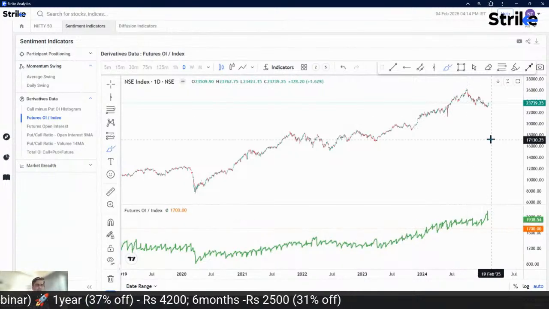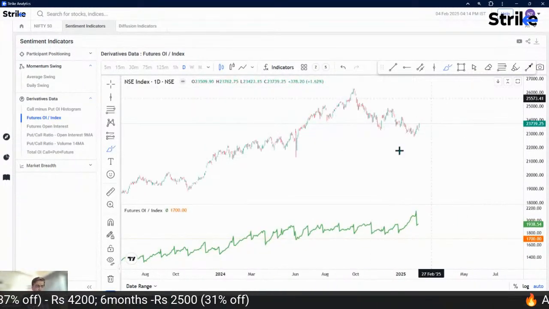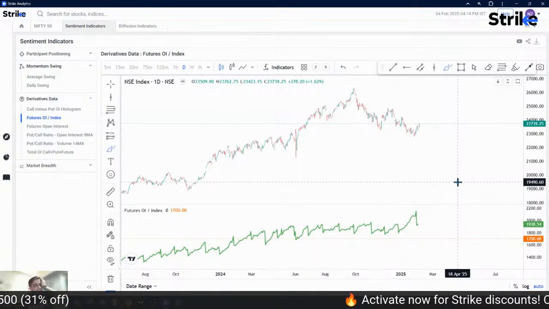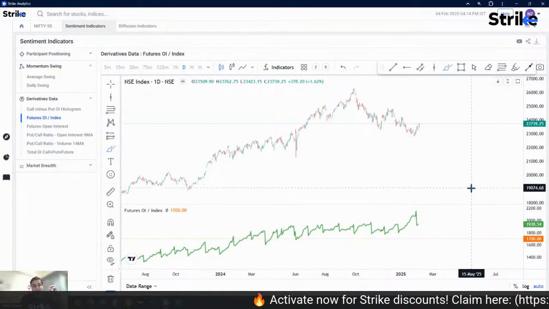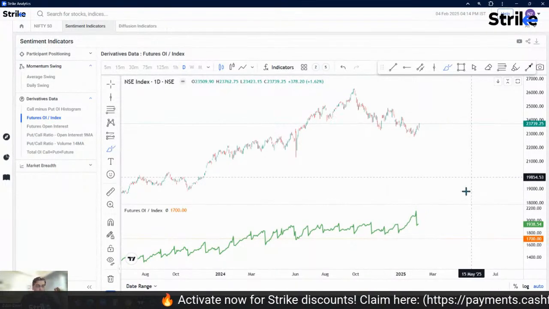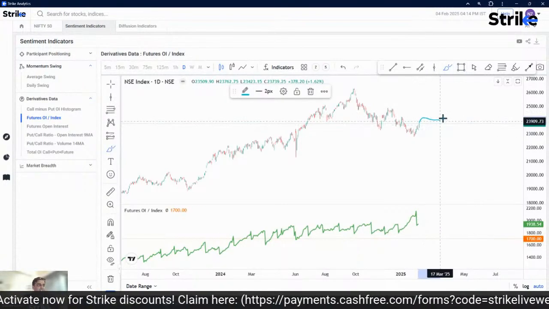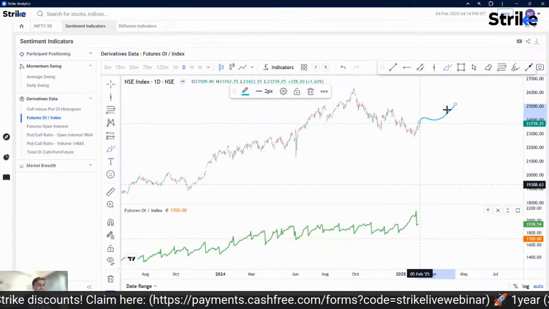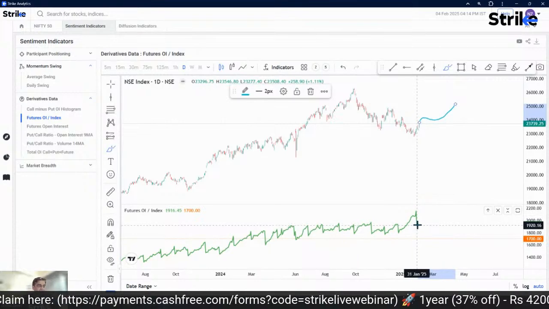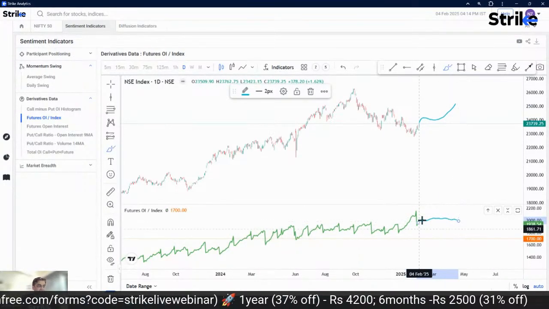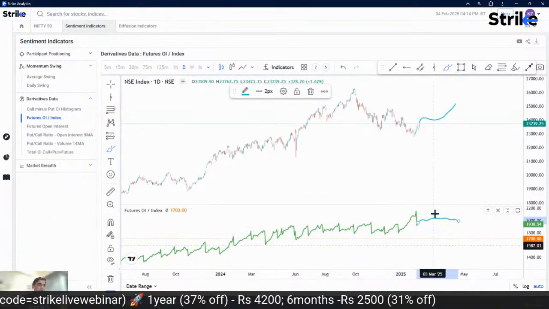That does not mean we don't buy over here, because the rest of the indicators are pointing that yes, we are towards a short term bottom. So the market can continue to go upwards, and this figure can continue to go sideways or upwards or remain at this level.